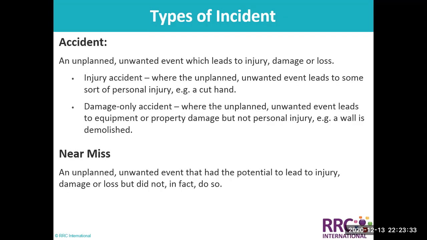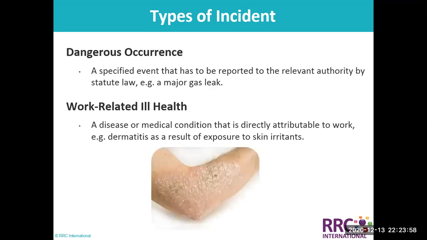Accident, an unplanned unwanted event, as stated earlier, that leads to injury or damage or loss. Injury accident is where an unplanned unwanted event leads to a personal injury, e.g., a cut. Damage-only accidents are where an unplanned unwanted event results in property damage. A near miss is an unplanned unwanted event that had potential to lead to injury or damage or loss, but did not in fact do so.